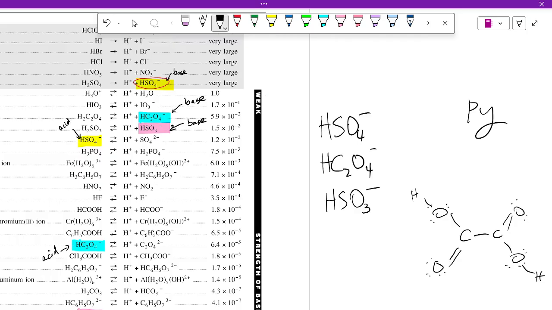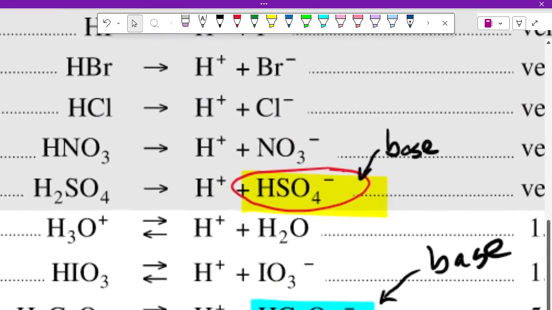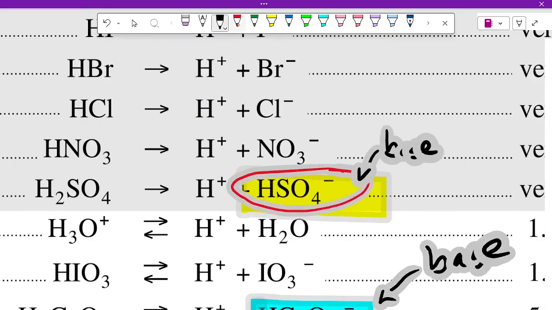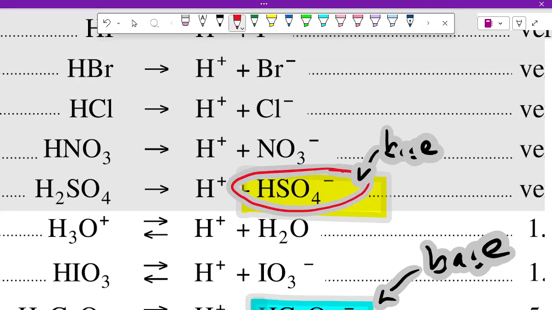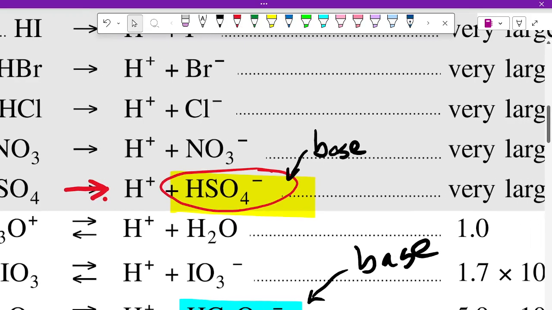Yeah, it is HSO4 because it is too weak of a base to accept a proton. Because if you look, this arrow is a one-way arrow. So HSO4 is too weak of a base to accept a proton.